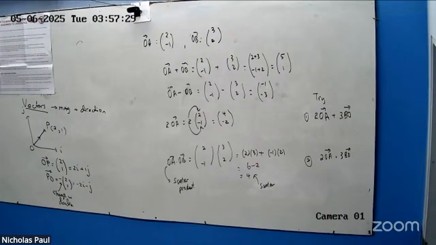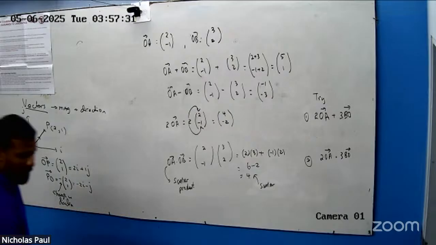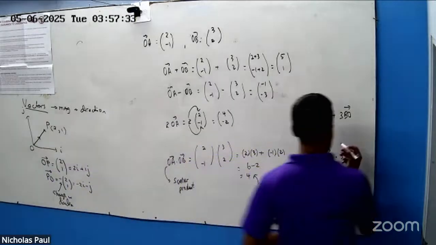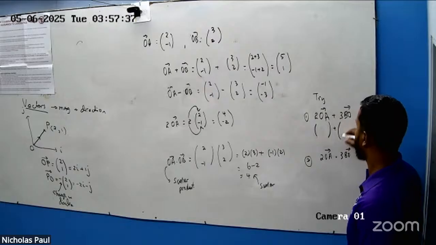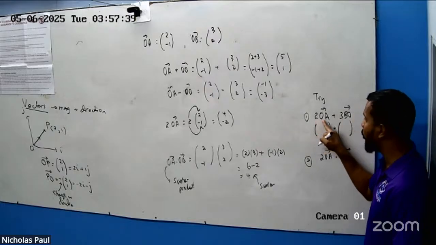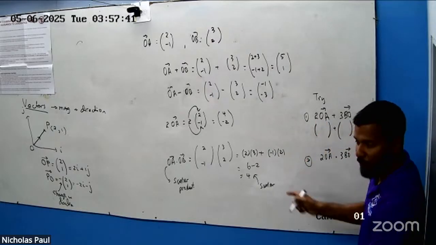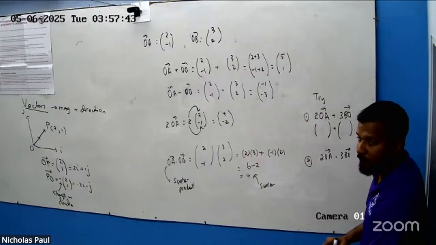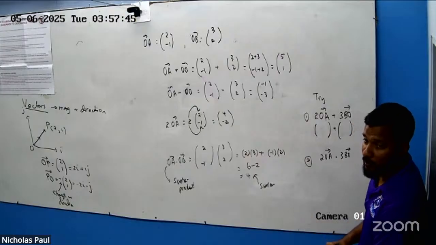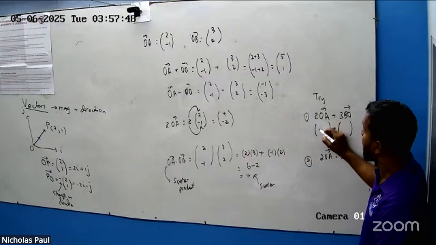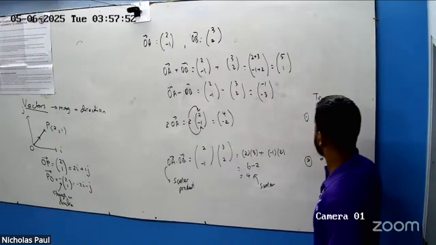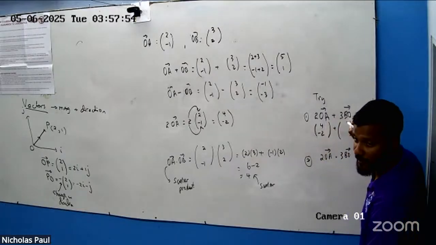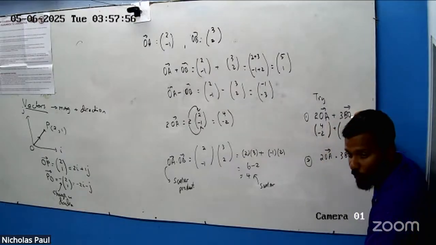All right, let's see what you got now. What is 2OA? Give me the answer. So you're multiplying this by 2 and this by 2. Number one is BO first.